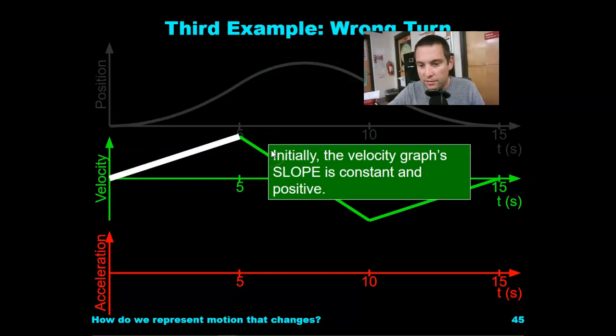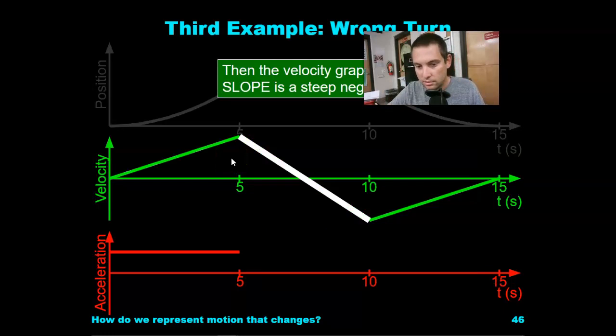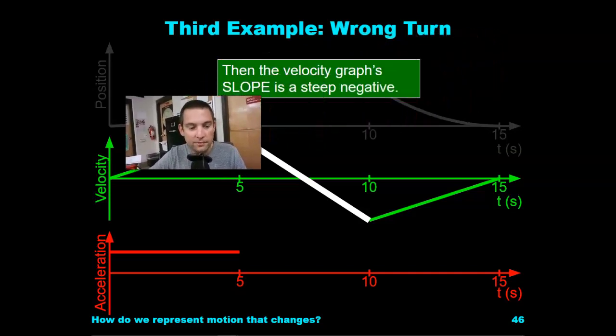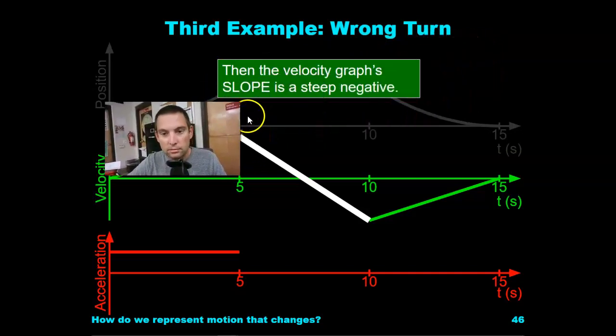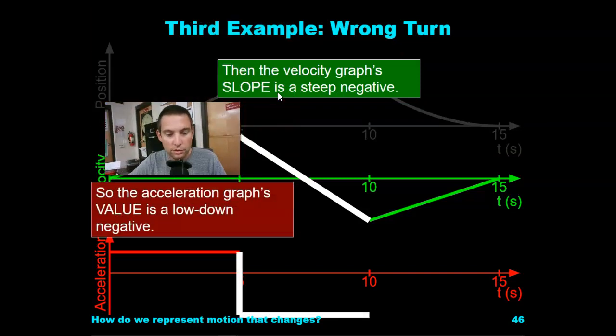Initially, the velocity graph's slope is constant and positive. Our acceleration will then be constant and positive. That's right. Good. Now, we're crossing that 0. But does that affect our acceleration? The slope is a steep negative, so the acceleration is just going to be negative.